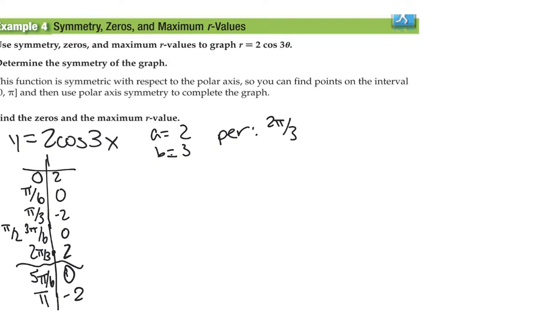Going ahead and graphing the pieces, since we did the table, we don't necessarily have to find what the zeros and the maximum R value are because we can see it. But you guys can graph it without seeing it. Pi over 3, 2 pi over 3. I'll just cut them in pi over 3 increments.